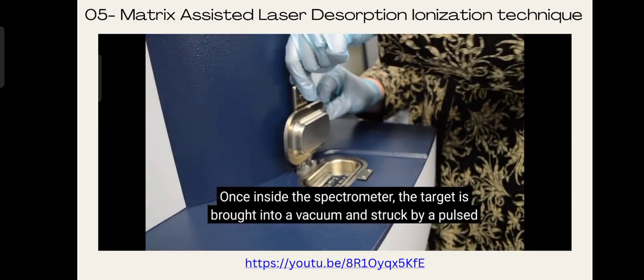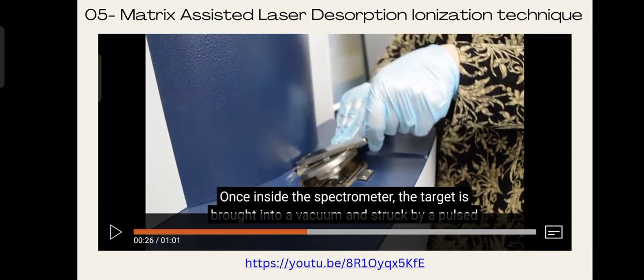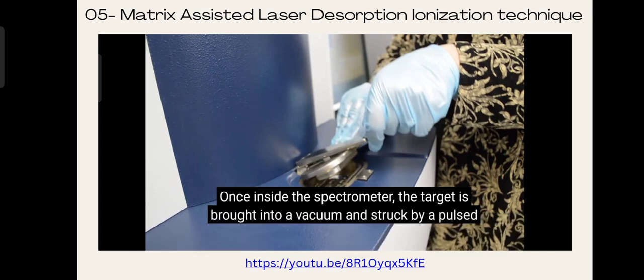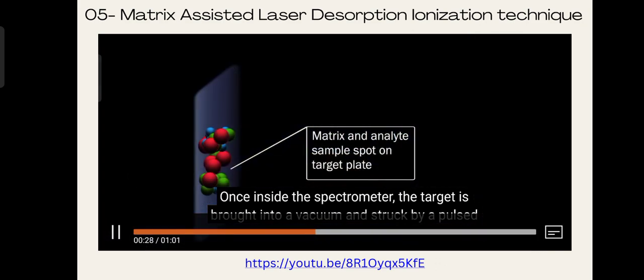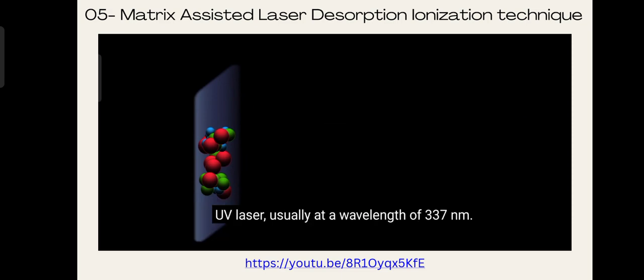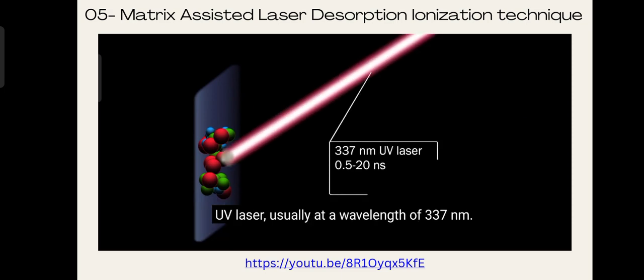Once inside the spectrometer, the target is brought into a vacuum and struck by a pulsed UV laser, usually at a wavelength of 337 nanometers.